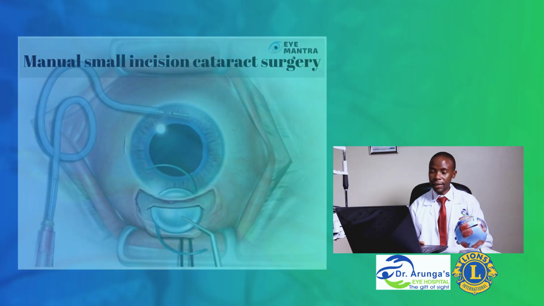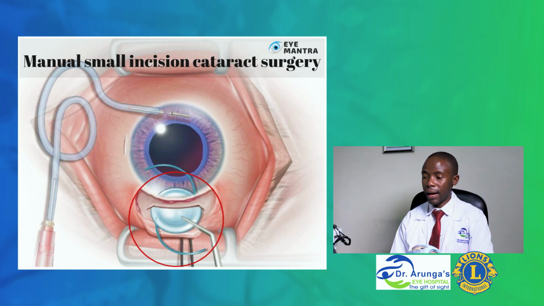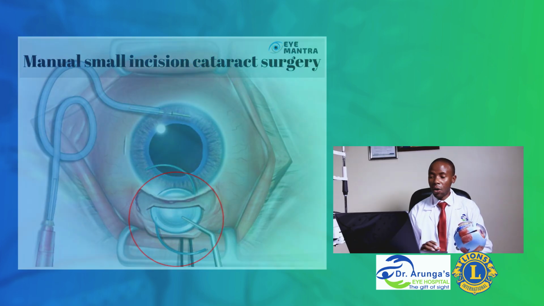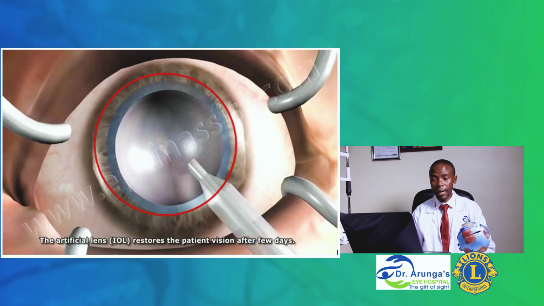To explain further, I have here a diagram showing the two types of the surgery. The first one, as you can see, the doctor has made a cut on the eye. They have gone through that cut to remove the cataract. And using the same cut, they are now inserting a new lens. On this other side, in this other diagram, you can see that there is no need to make any cut on the eye.